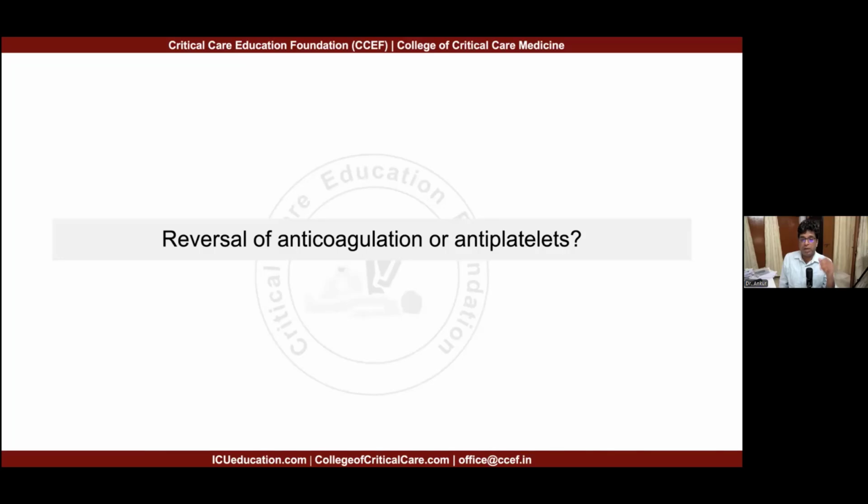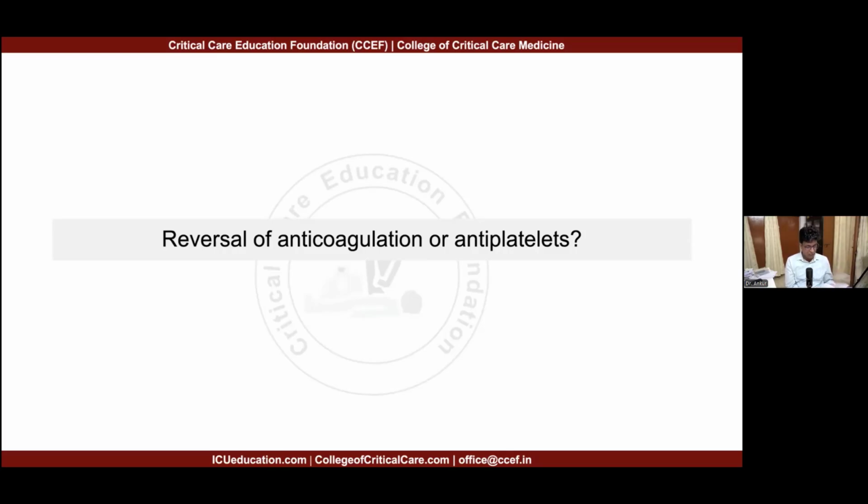Reversal of anticoagulation and antiplatelets. This is something very interesting. If the patient is on some vitamin K antagonist for a valvular condition, whether you will reverse or not, you have 2, 3 options.